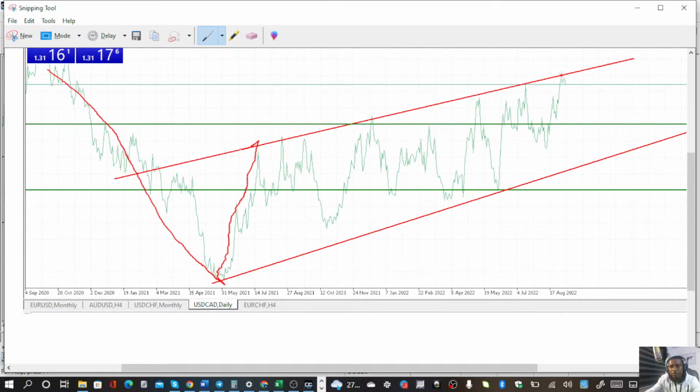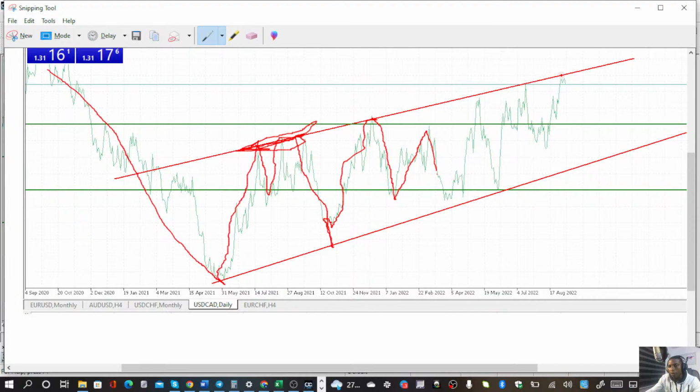And then price came down to this level, went up again, came down, went up, came down to this level, close to the trend line, and went up again to the level of the trend line, which keeps resisting price from breaking through it.